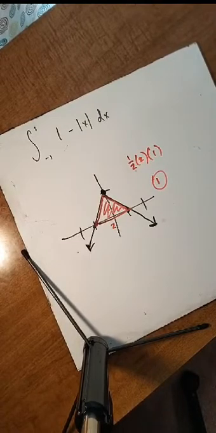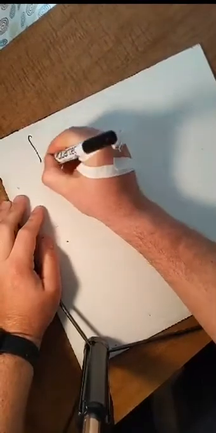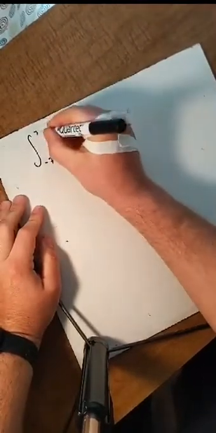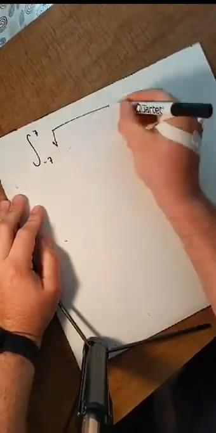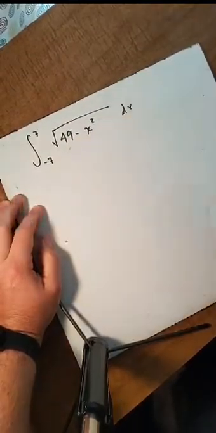All right, last question, and this is another example of a crazy integral that we wouldn't be able to do normally using the integral rules that we know, so we have to use geometry. We're going to do the integral from -7 to 7 of the square root of 49 minus x squared dx.